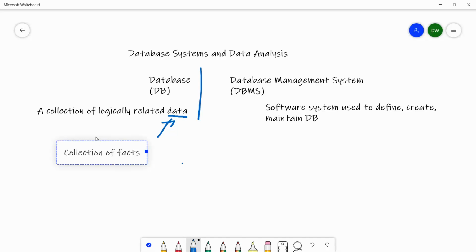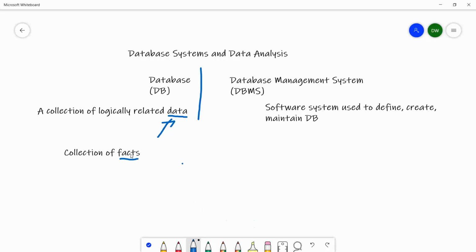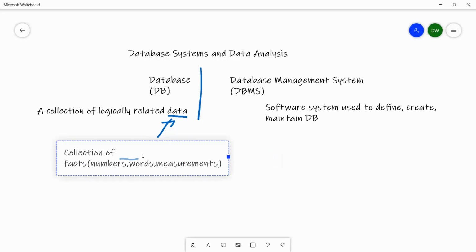Those facts can be numbers, and words, and measurements, right? So facts mean those things. We can have words, numbers, and measurements. All those things can be there, right?